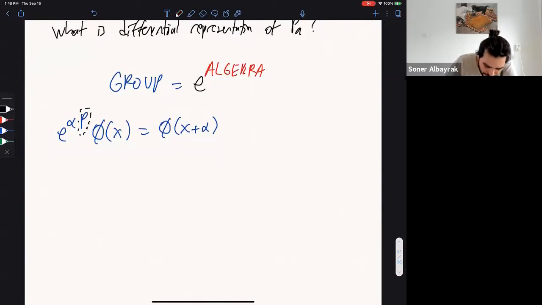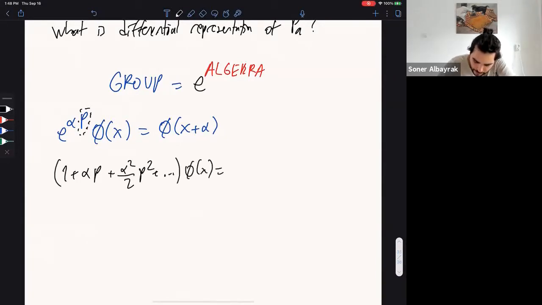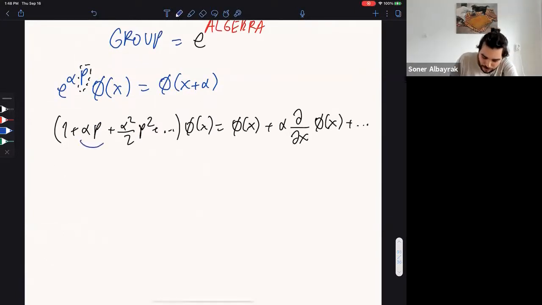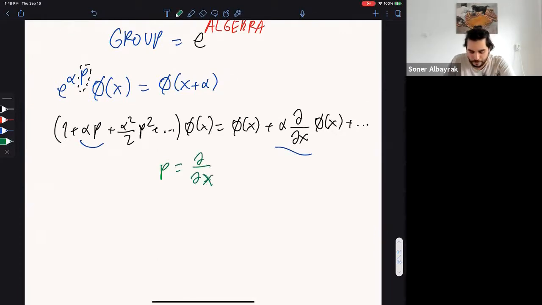We can just expand both functions for small alpha: 1 plus alpha p plus alpha squared over 2 p squared, and so on, and phi(x) plus alpha times d over dx of phi(x) plus so on. By just matching terms order by order, you can immediately see that the differential representation is d over dx, right? That's kind of trivial.